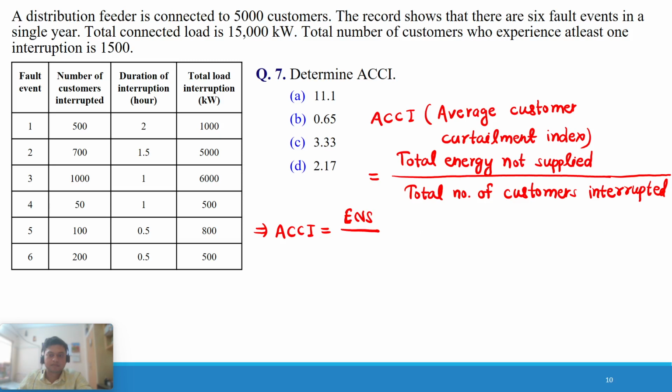So the total number of customers who experience at least one interruption is 1500. So it is denoted as CN. ANS is summation of L average I into RI, divided by CN.